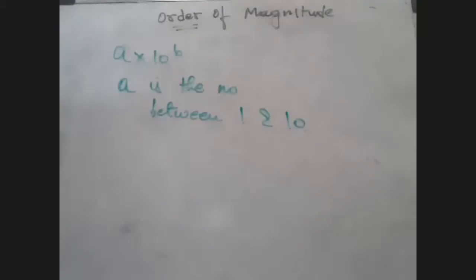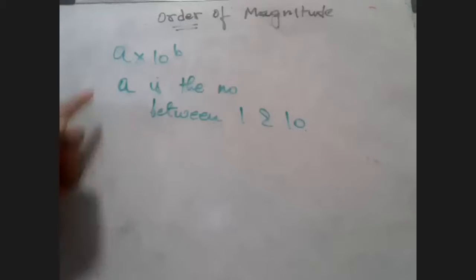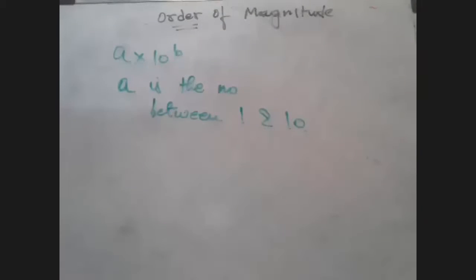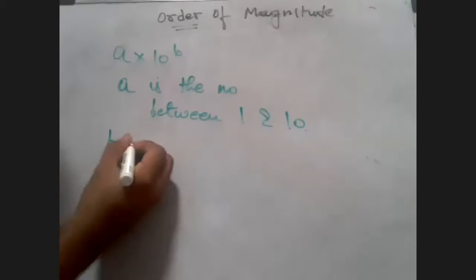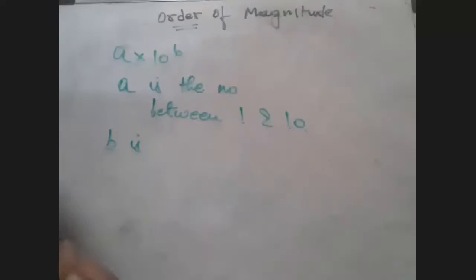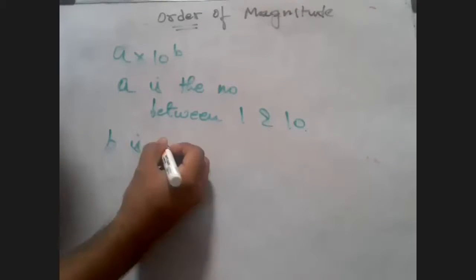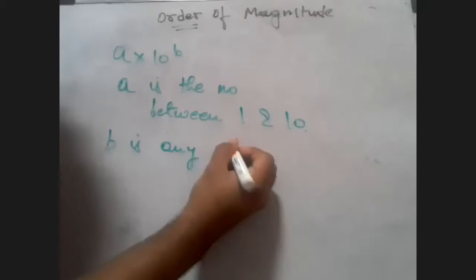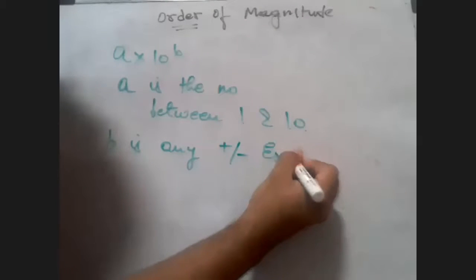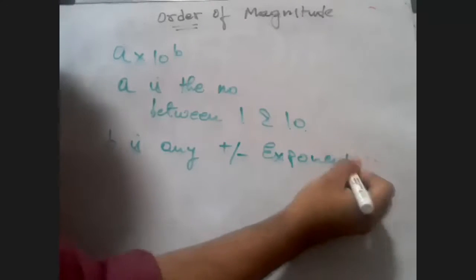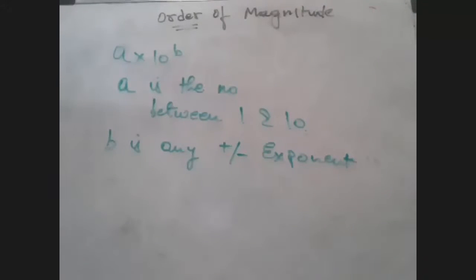Okay, students, here A into 10 raised to B. A is the number between 1 and 10. B is any plus or minus exponent. Okay, so one more thing.